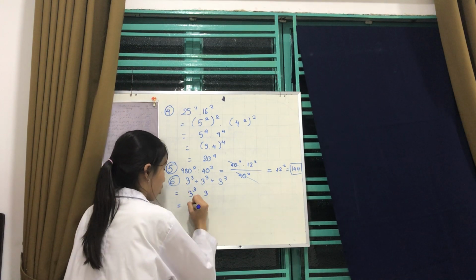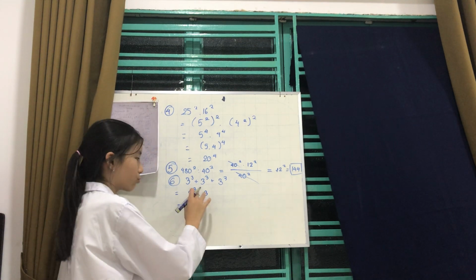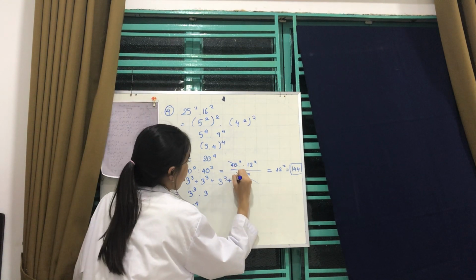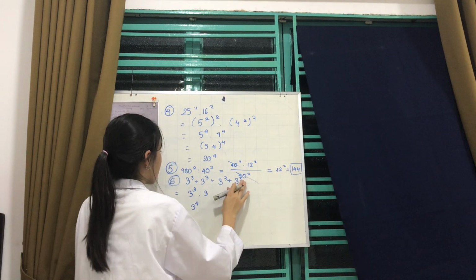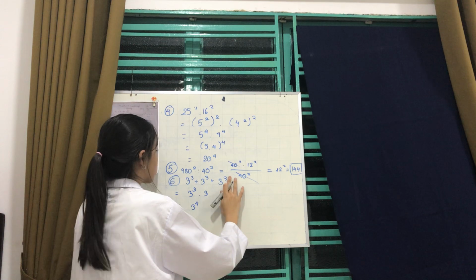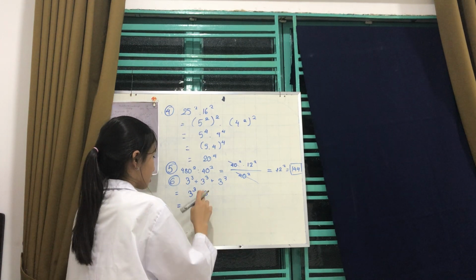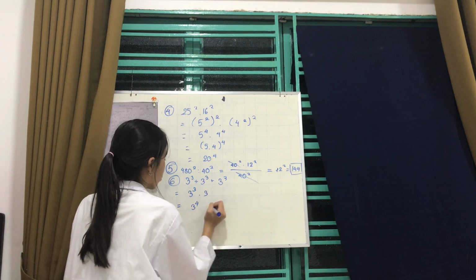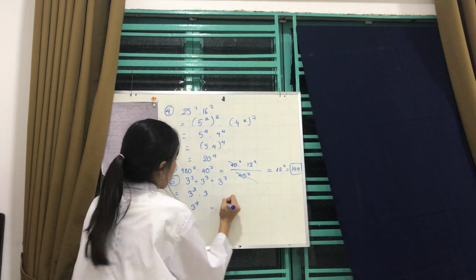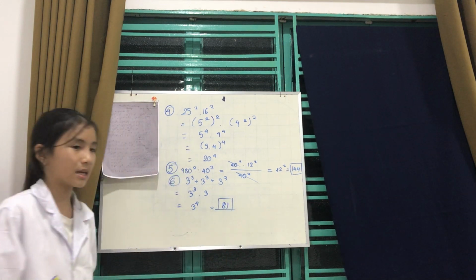This will equal 3 to the power of 4, because we have one more 3 here. So 3 to the power of 4 will equal 81. And that is my answer for problem number 6.